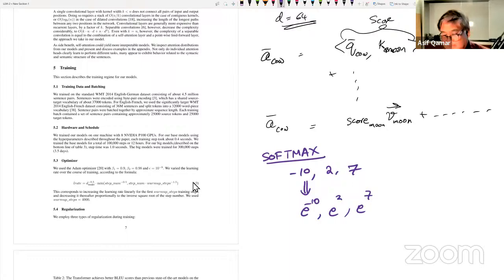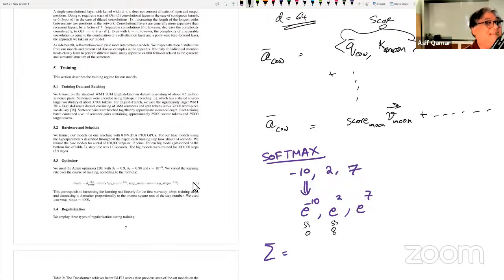So what is the total? Sigma is, well, what is e to the -10? Approximately 0, right? E squared would be approximately, say, 8, give or take. E to the 7 is a pretty large number.